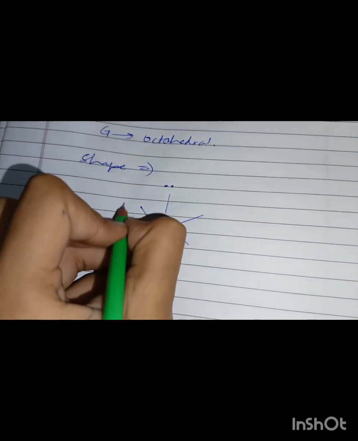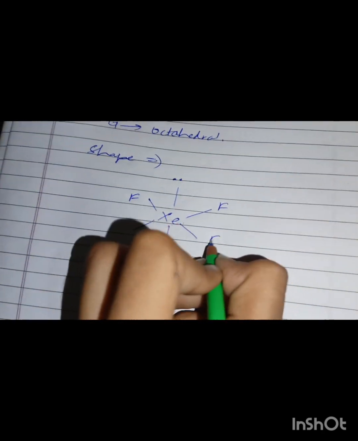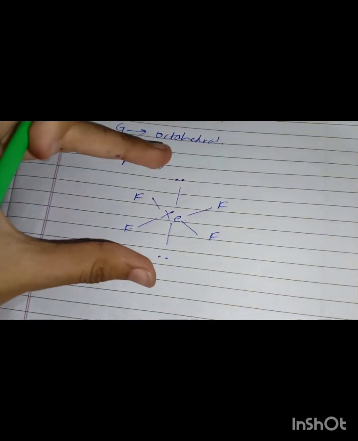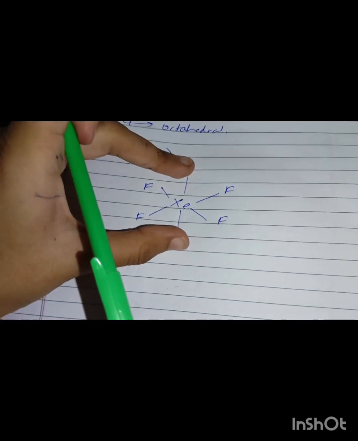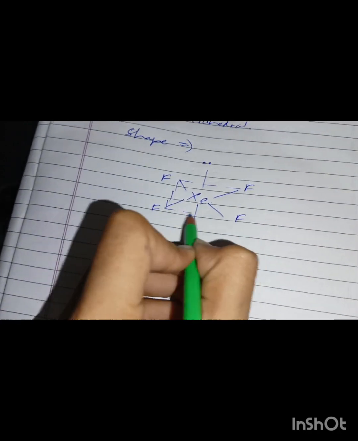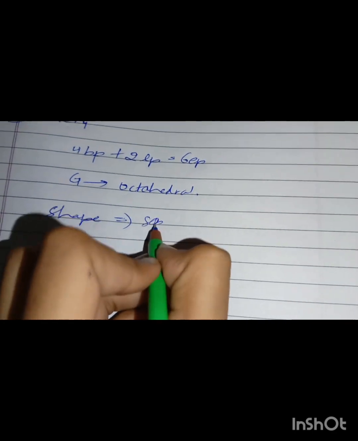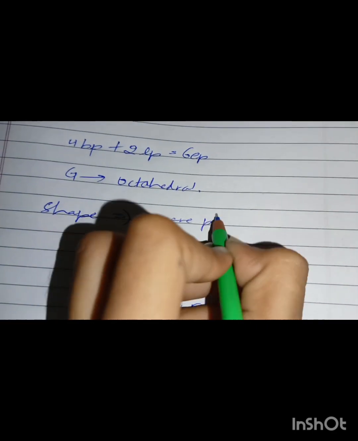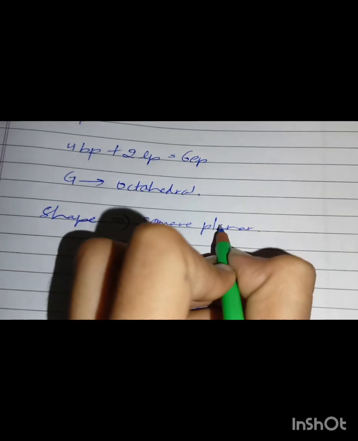So 2 lone pairs are placed like this, and F. If you carefully observe it now, it looks like a square. So the shape is square planar.